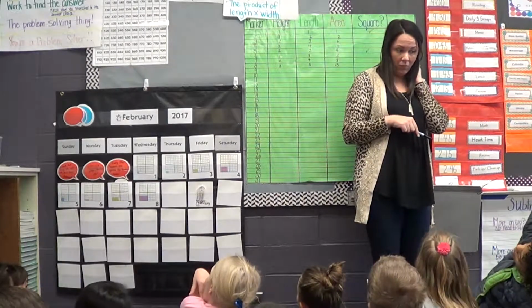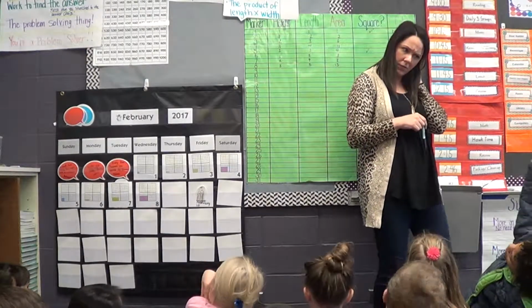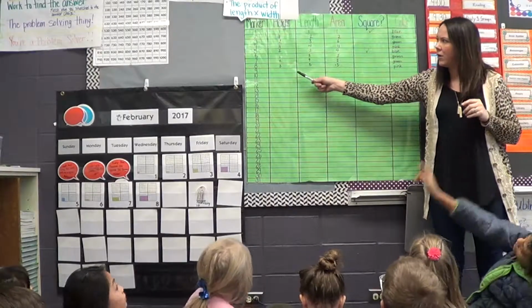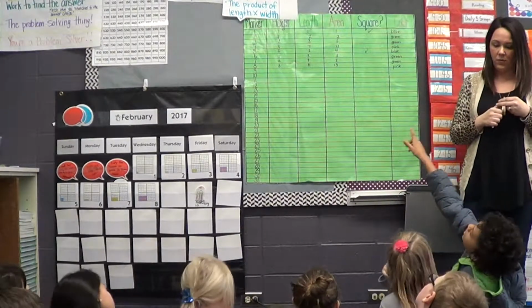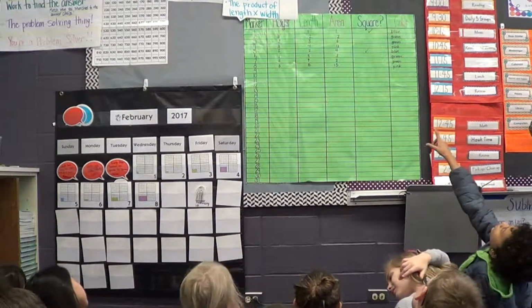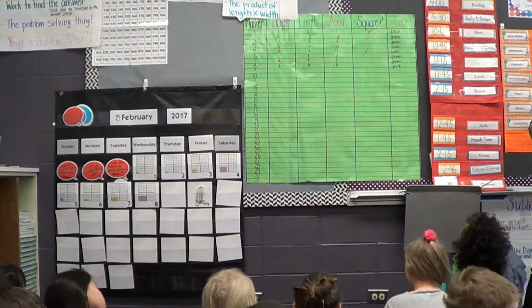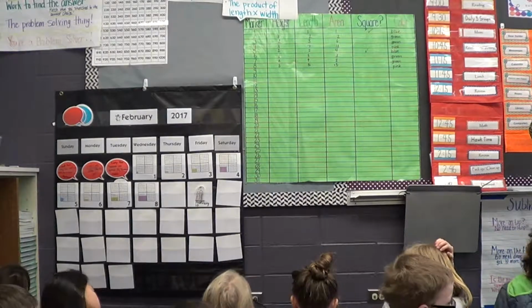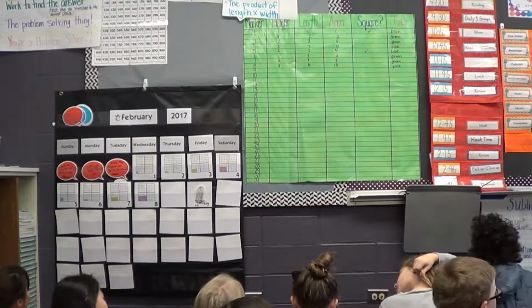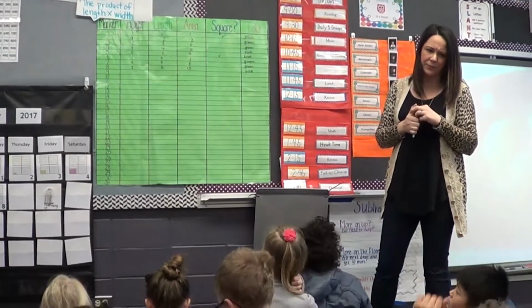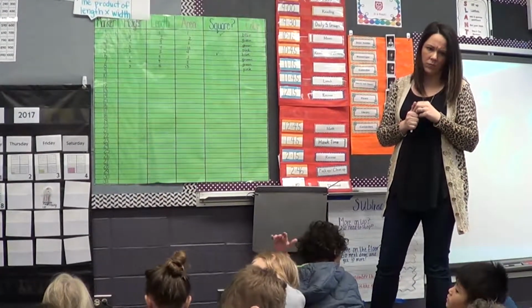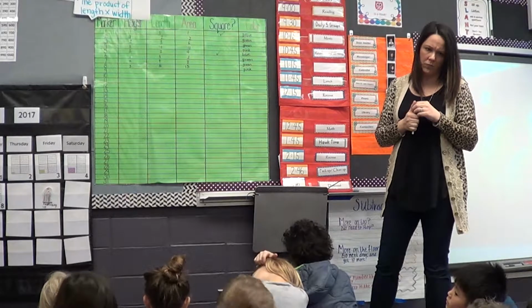No. You guys just told me that you're not sure what would come next in our pattern for the height and the length. You probably need all rows to know which one is the next one. What other information might I need to understand our pattern a little bit better? Callan?